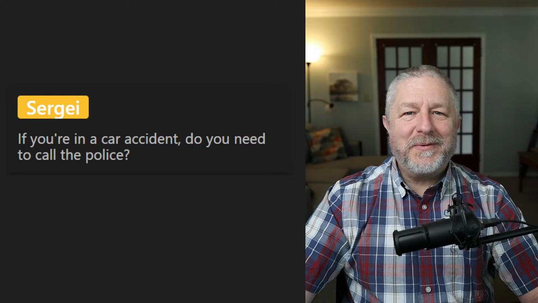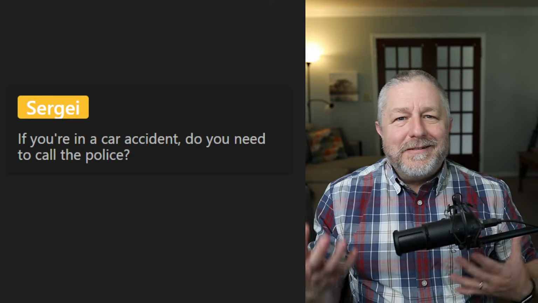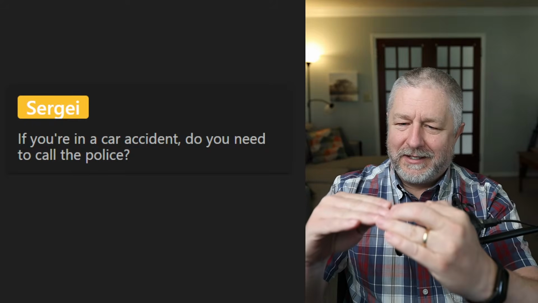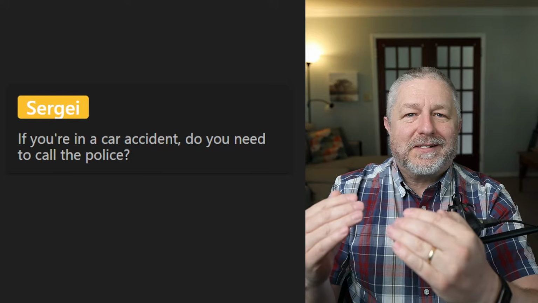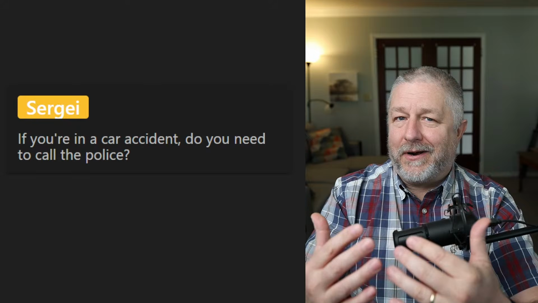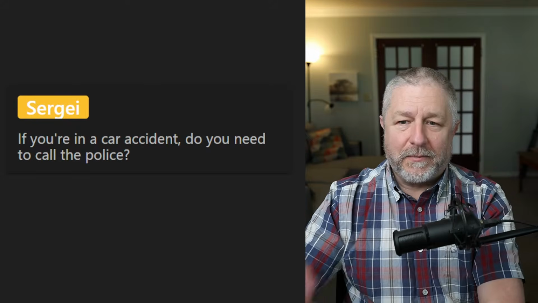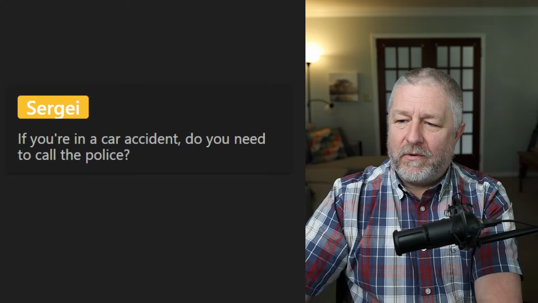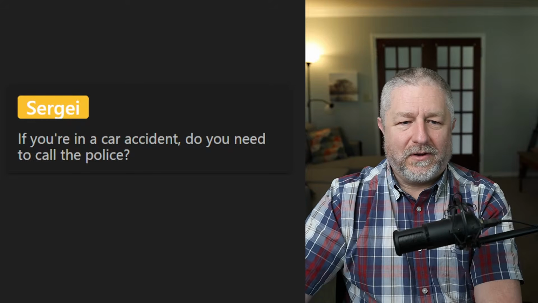And that's where people get confused because no one knows. Like if I drive into another car, I don't know how much it costs to fix. So the general rule is pretty much any damage to a car is going to be a few $1,000s. So number one, if anyone's injured, you must call the police. Number two, if the damage is over $5,000, you need to call the police.